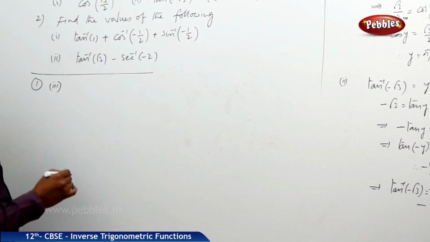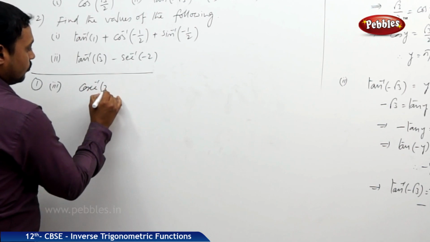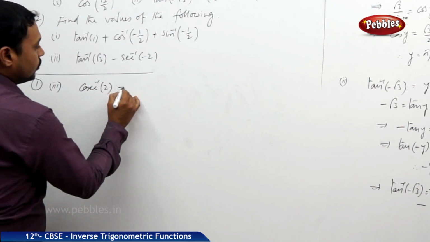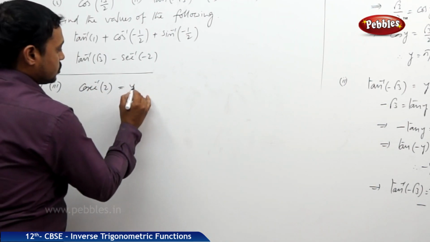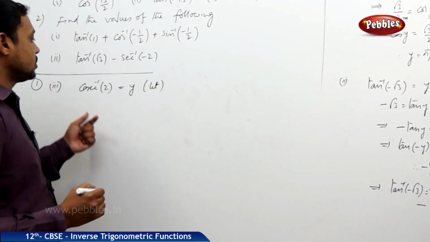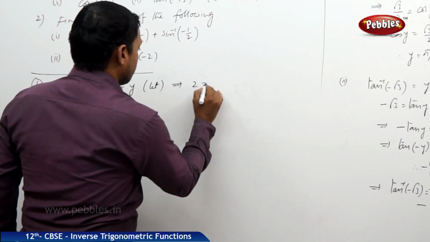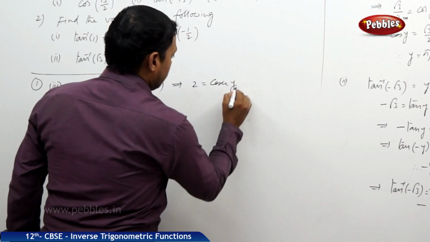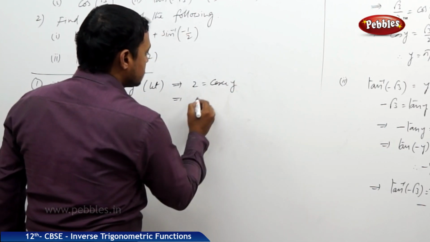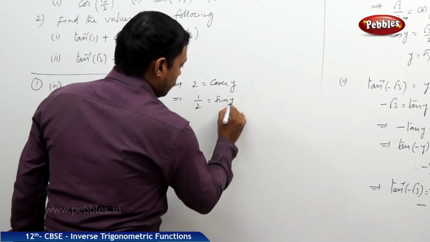First question, third bit: cosecant inverse of 2. Now this is equal to some y. Consider cosecant inverse 2 is equal to y. Now this implies that 2 is equal to cosecant y. Taking the reciprocals, 1 by 2 is equal to sin y.